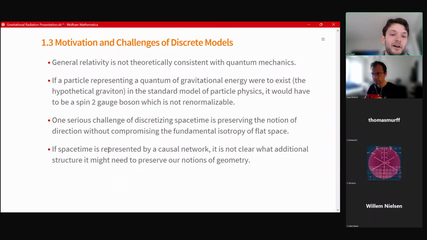And then the other one is that if space-time is represented by a network of points and a causal network showing the relationship between past and future points in the network, it's not clear what additional structure we might need to preserve the notions of geometry.